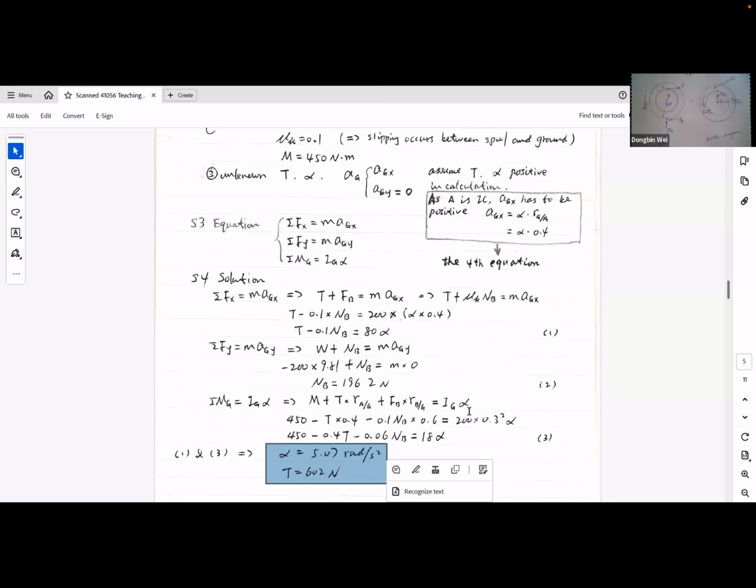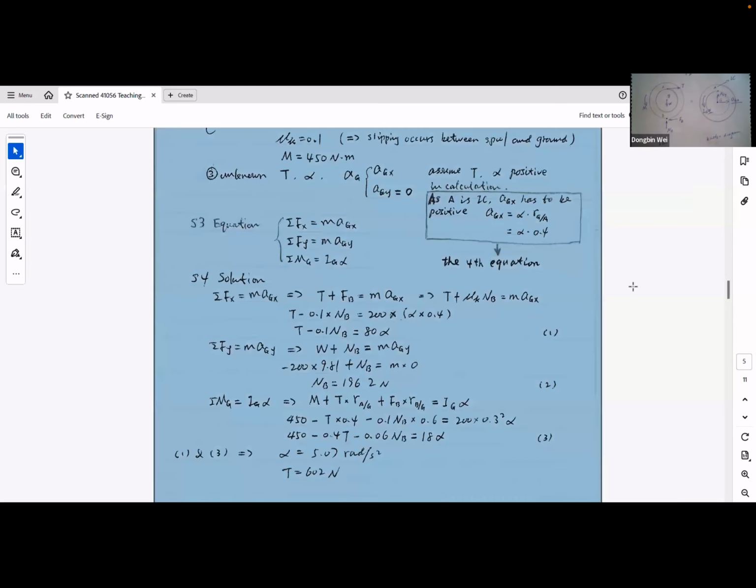Do you have any questions? For this kind of problem, it's a rolling without slipping problem, because we can find the relationship between AGX and alpha.